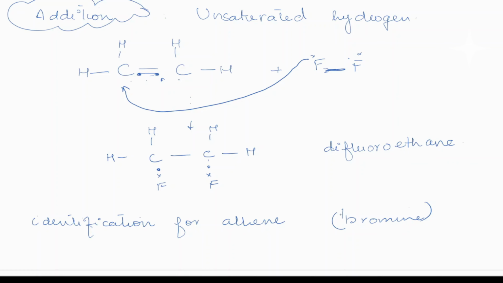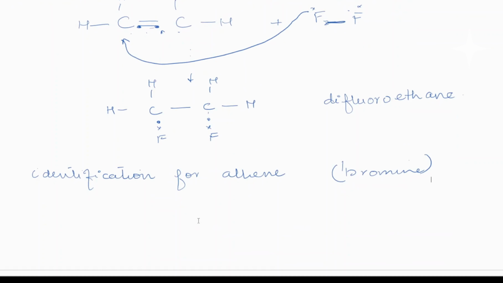So when you add bromine to the alkene, it is going to convert into a single bond. Bromine is going to break, so the brown color would disappear. This is the identification: if the brown color disappears, it would be an alkene. Otherwise, it won't be.